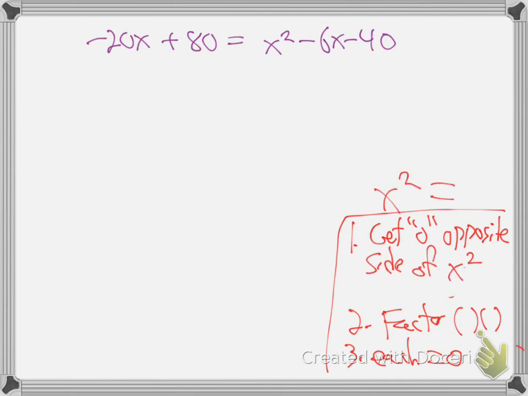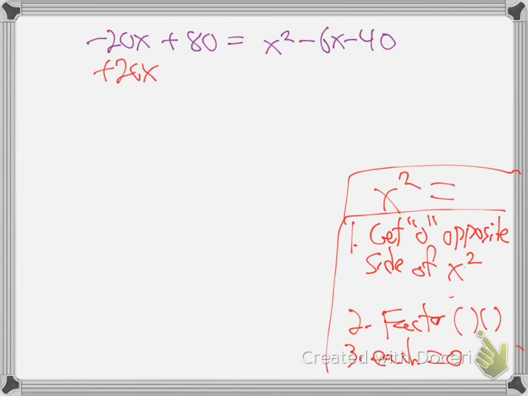So when you have x squared with an equal sign, step one, get a 0 on the opposite side from x squared. Which side is the x squared on? The right side. So which side am I going to make 0? The left side. So it's not always the right, it's not always the left, it's just always opposite of x squared. Whichever side x squared's on, leave him there, and make the other side become 0.